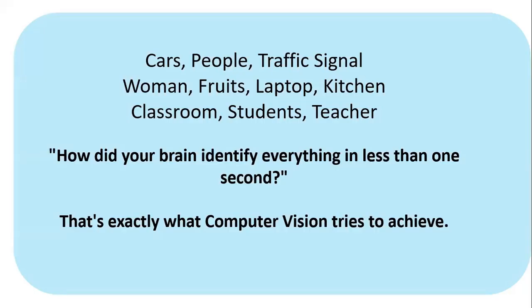As we have discussed, the pictures showed cars, people, traffic signal, woman, fruit, laptop, kitchen, classroom, students, teacher, etc. Our brain can do this job in less than a second, but for computer vision it becomes very difficult to understand all these objects at once.